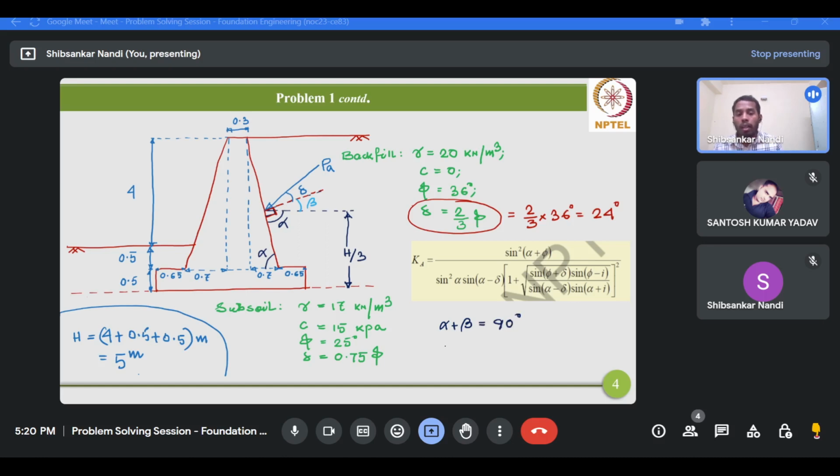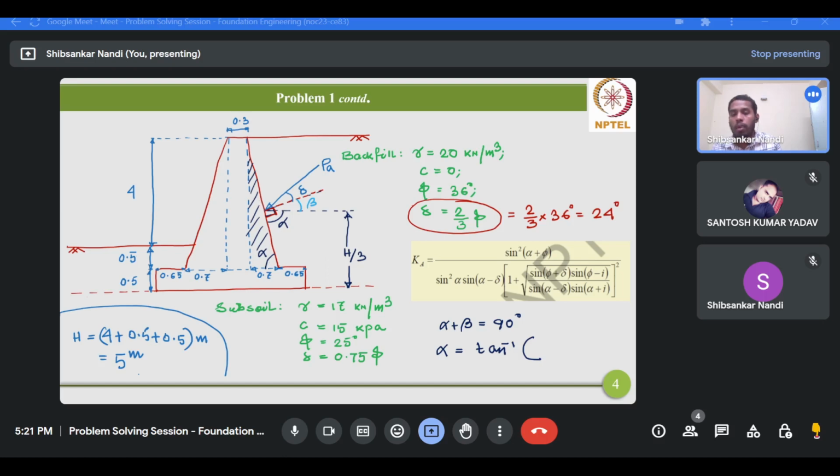Now how can we get the value of alpha? The alpha value is very simple. It will be tan inverse of this triangle. Please consider this triangle. This is the height and this is the base. What is the height of this triangle? The height is basically 4 plus 0.5, that means 4.5 meter.